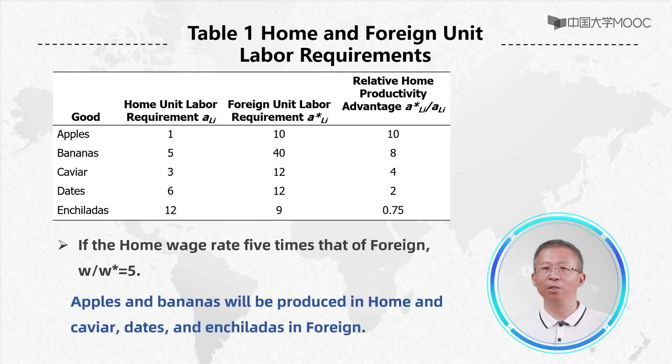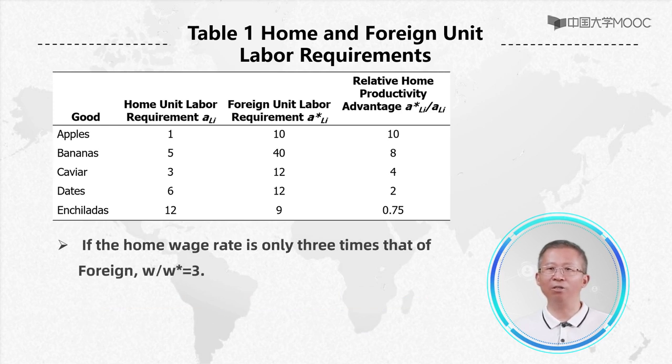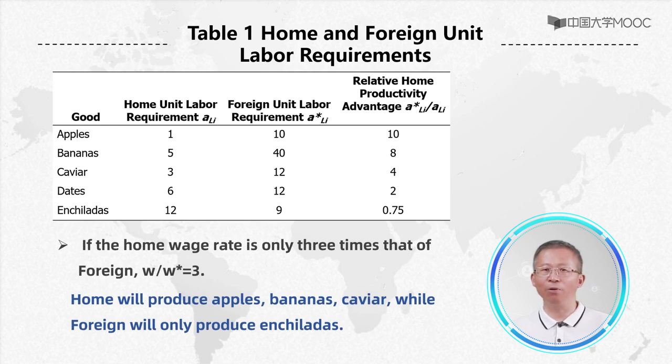Then the apples and the bananas will be produced in home and the caviar, dates, and the enchiladas in foreign. If the home wage is only 3 times that of foreign, home will produce apples, bananas, caviar, while foreign will only produce enchiladas.